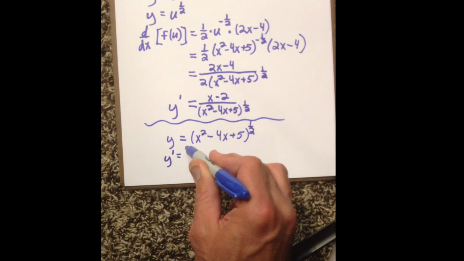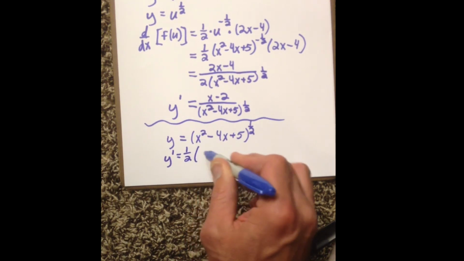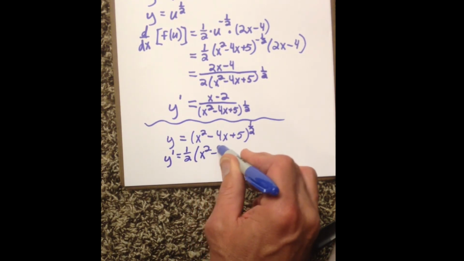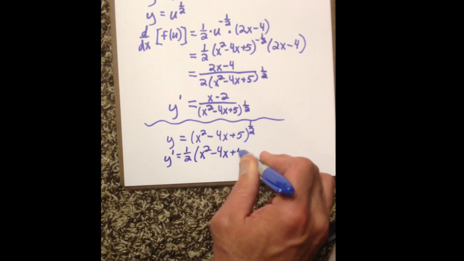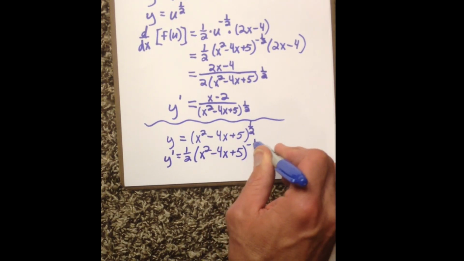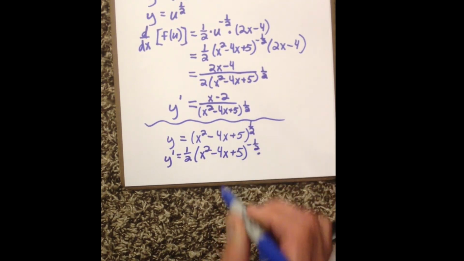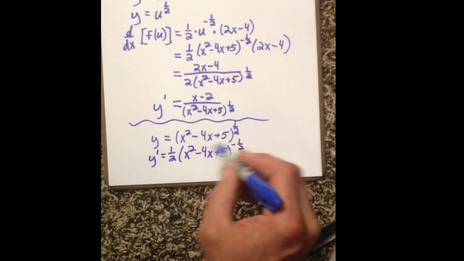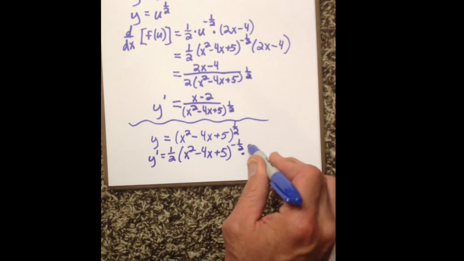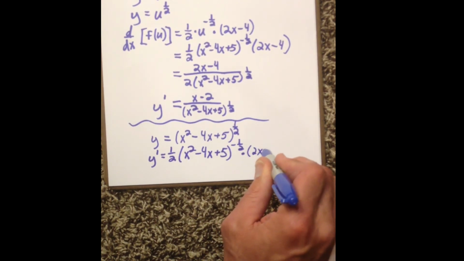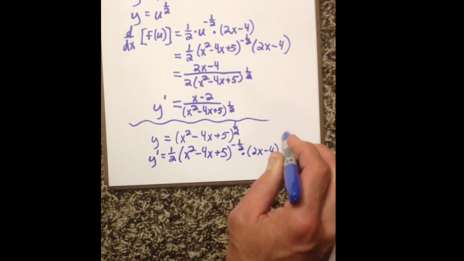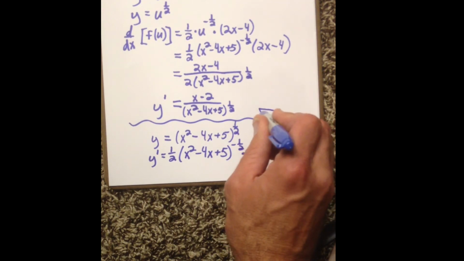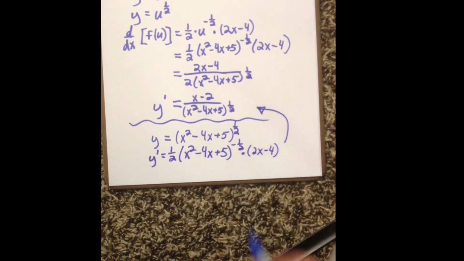There's two things involved. You still bring down the exponent as a multiplier. You still decrease the exponent by 1 whole, and that becomes a negative 1/2. But there's that additional multiplication factor you need, which is the derivative of what was raised to the power. In this case, it was that 2x minus 4. Okay, and that in the end is going to be that same answer.